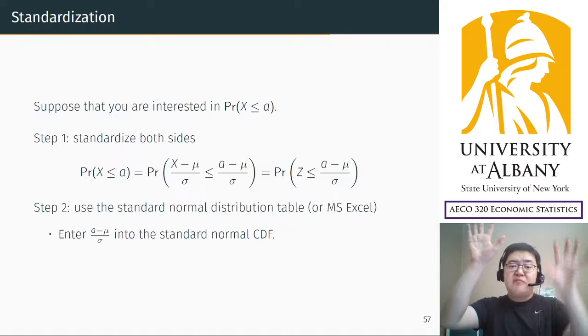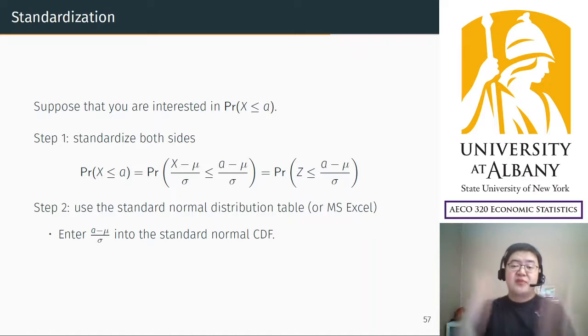You have to match the unit of the original random variable. Mathematically, it's easy. Just subtract the same number and divide by the same number. Because the standard deviation is always positive, dividing by a positive number does not change the inequality.